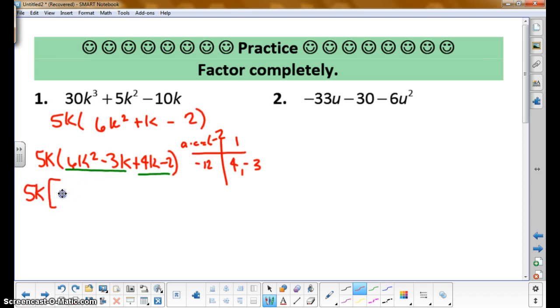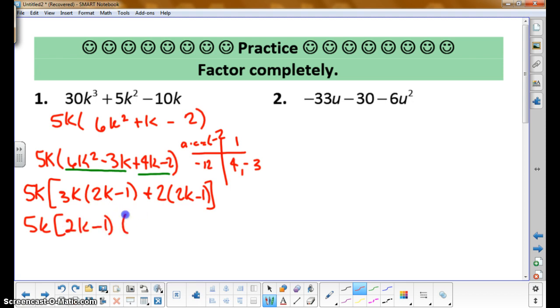I see a GCF of 3k and 2k minus 1, plus a 2 and 2k minus 1. Okay, 5k, and we can pull the 2k minus 1 off of both of these factors, and we're left with 3k plus 2.